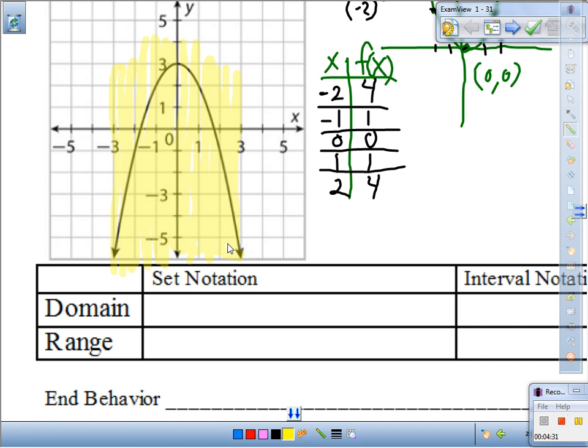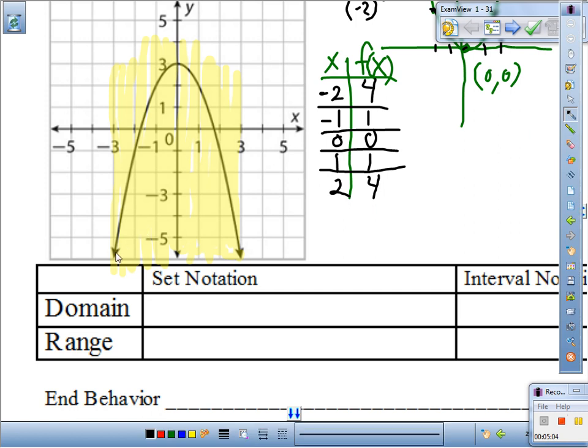Hold on, let me change the... better? Right there? All right. So, look up, please.